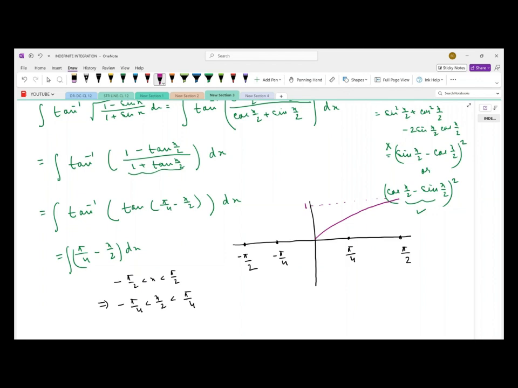This is a sine curve from here to here, and then from here also if you check it will be like this. So this is 1, and this is minus 1.